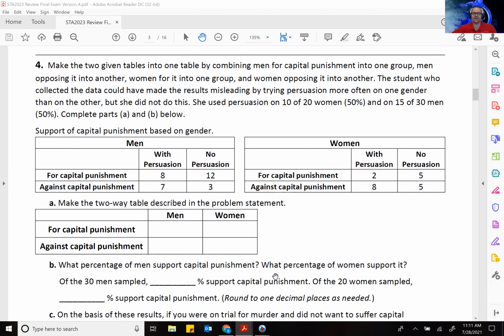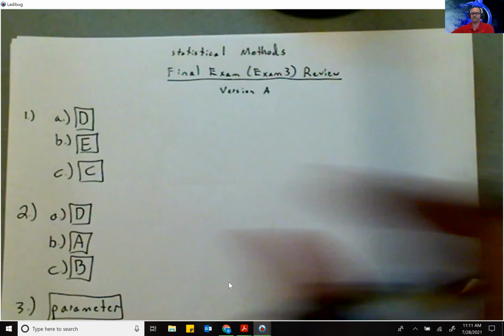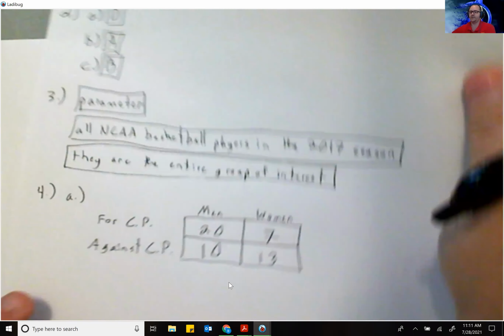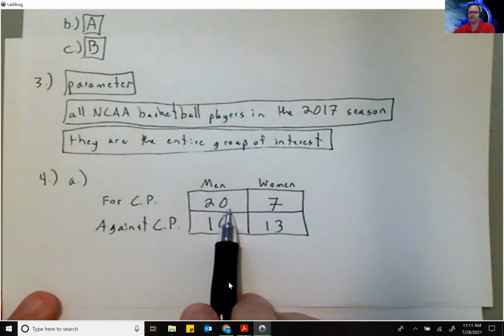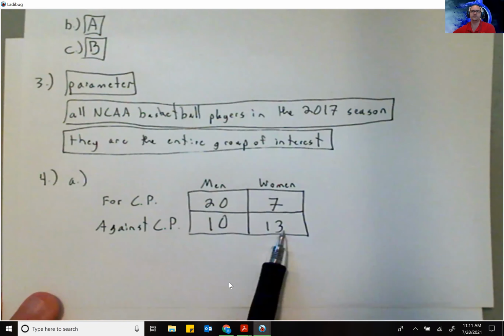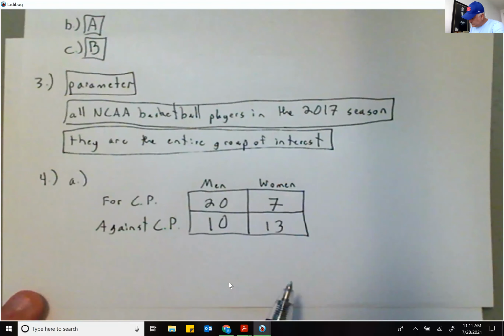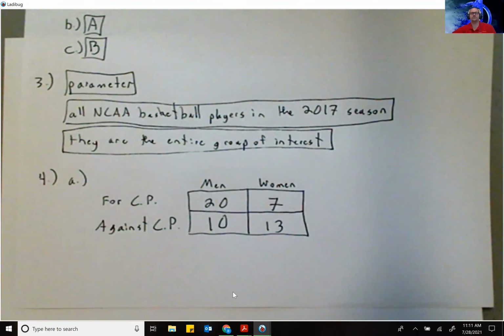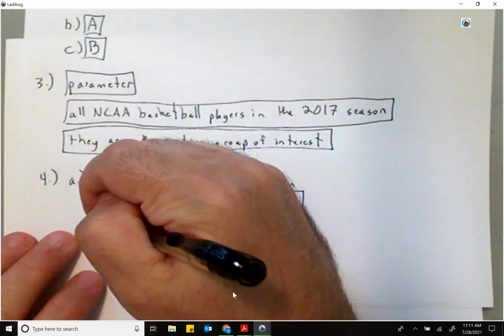So this is what your table should look like. 20, 7, 10, 13. So that's part A. Any questions on that one? No. Good.